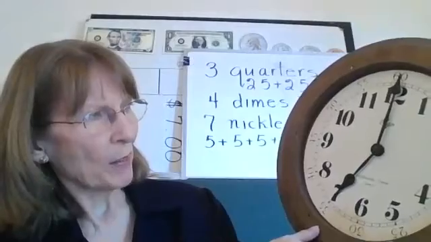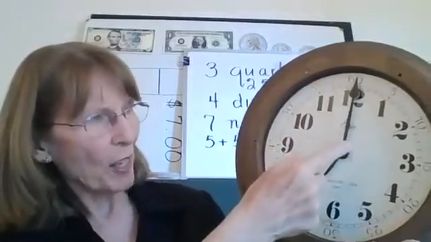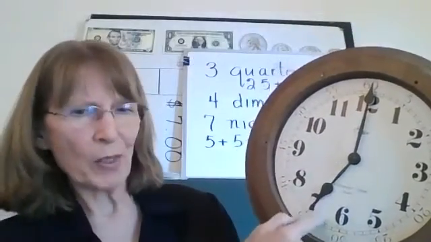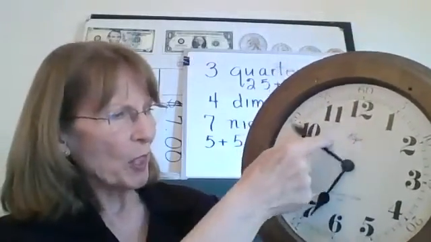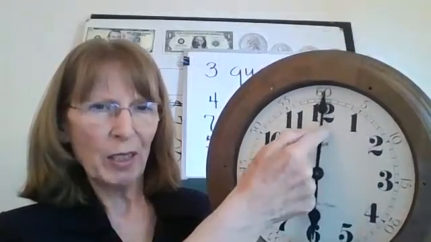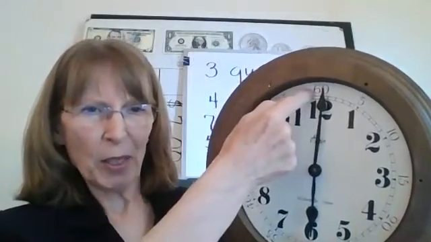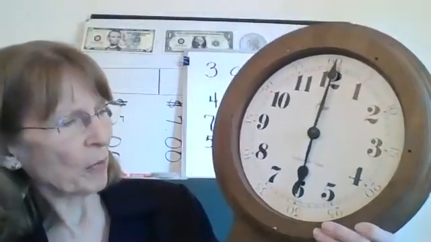Going forward to 7, now it's 7 o'clock. But when it's here, it is not 7 o'clock yet. We go all the way back where we started. There's that 60 minutes again. Remember, all the way around, 60 minutes, 6 o'clock.